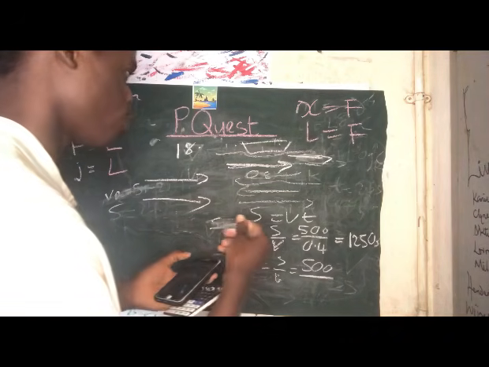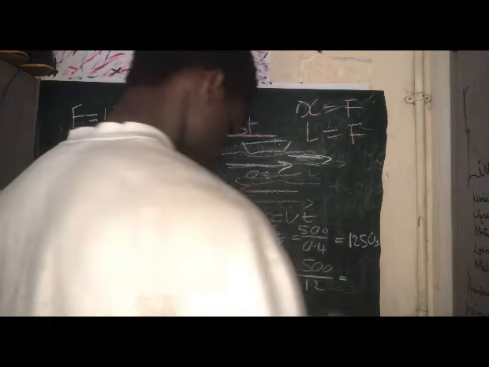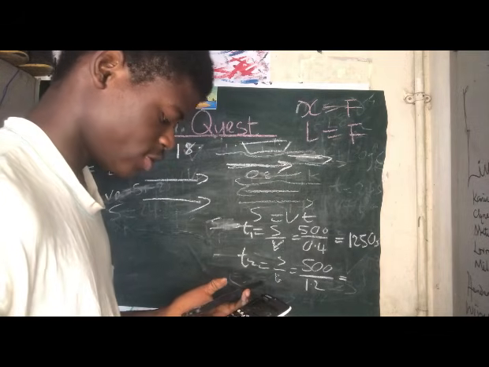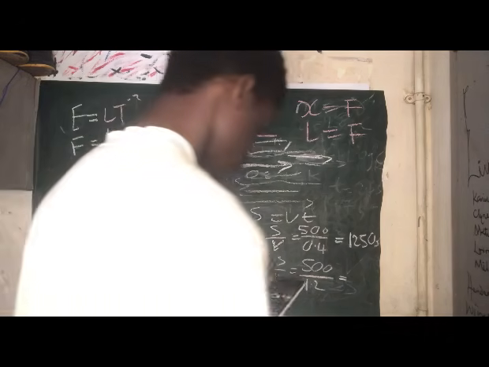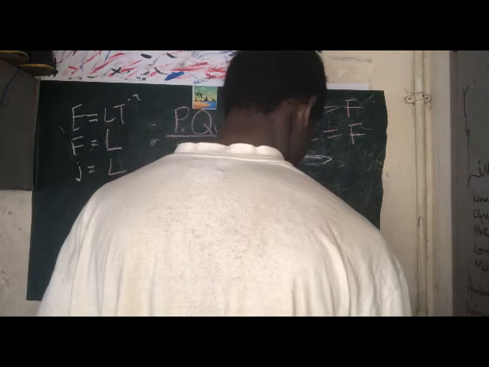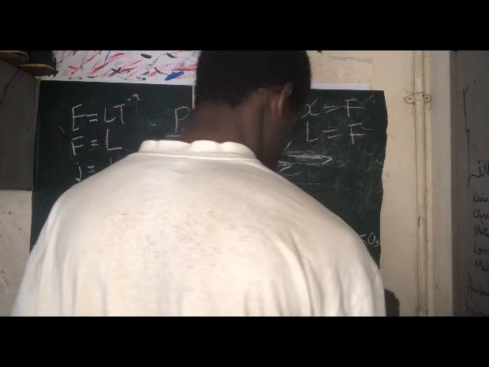So that was 0.4 plus 0.8, which is 1.2. So we get 500 divided by 1.2, which is 416.7 seconds.